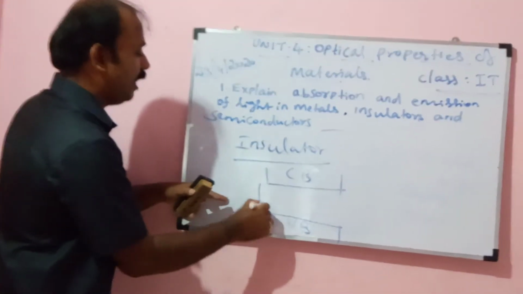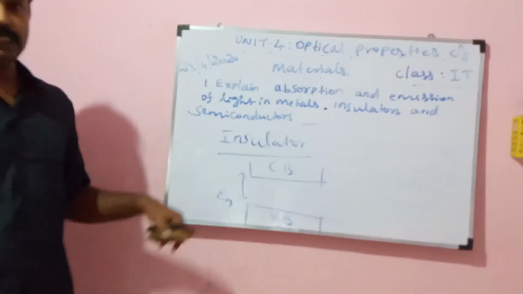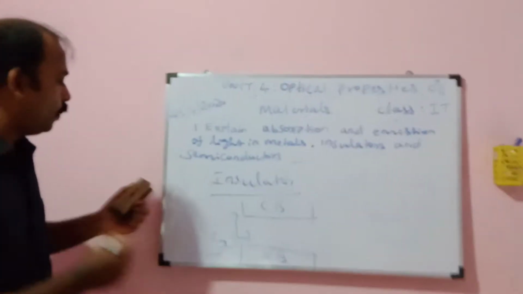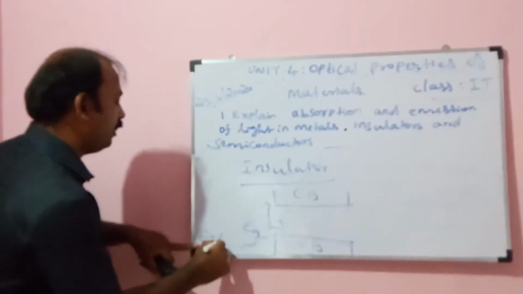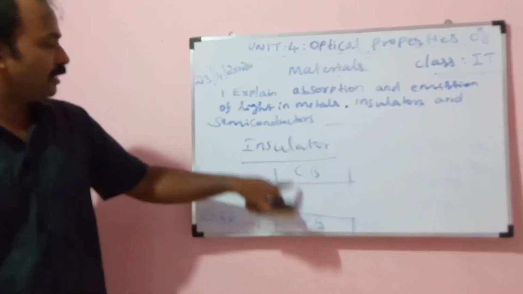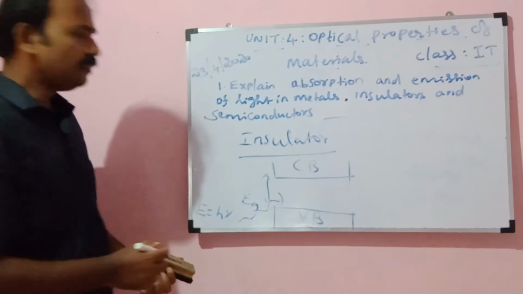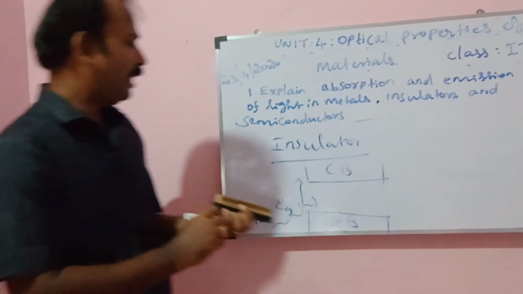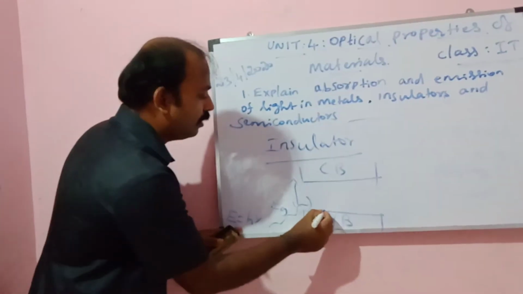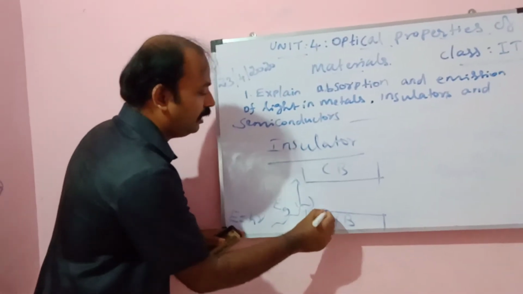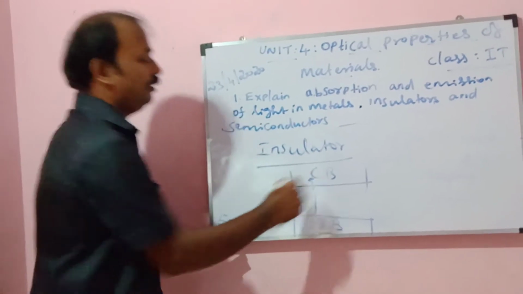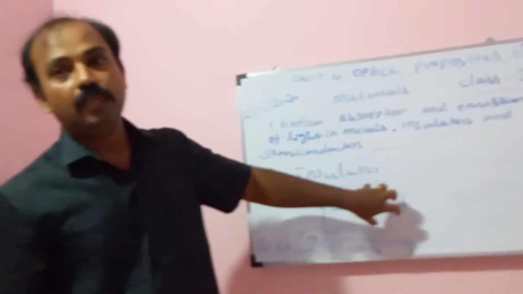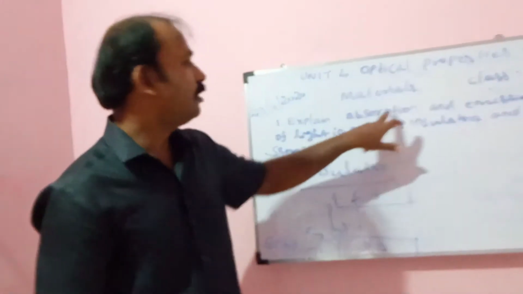So this energy gap is denoted by E. When light energy whose value E is equal to h nu falls on this insulator, an electron available in the valence band moves to the conduction band, and as a result the absorption takes place.